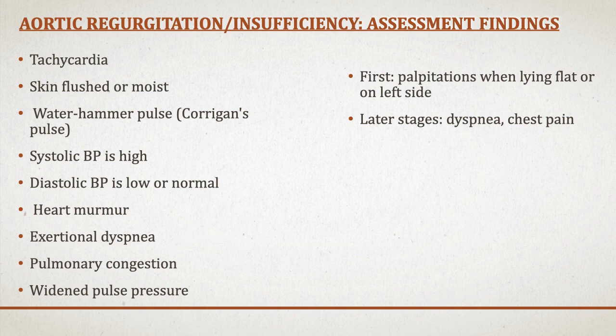So remember, tachycardia, those palpitations when lying flat or on their left side, that can be one of your first signs of your aortic regurgitation. And then your later signs are going to be that dyspnea and your chest pain.